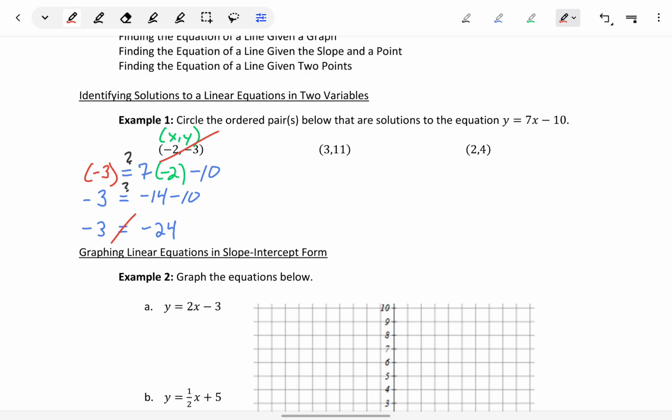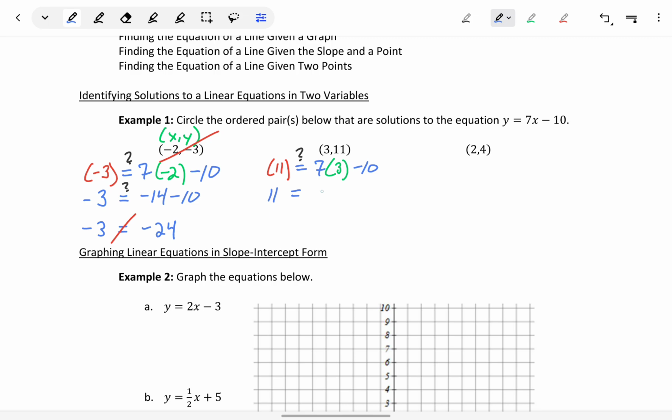We'll repeat that process with the point 3, 11. For y, we'll plug in 11, and that'll be set equal to 7 times our x value, which is 3, minus 10, and we'll add that question mark, since again it's a question of whether or not the two sides are equal.